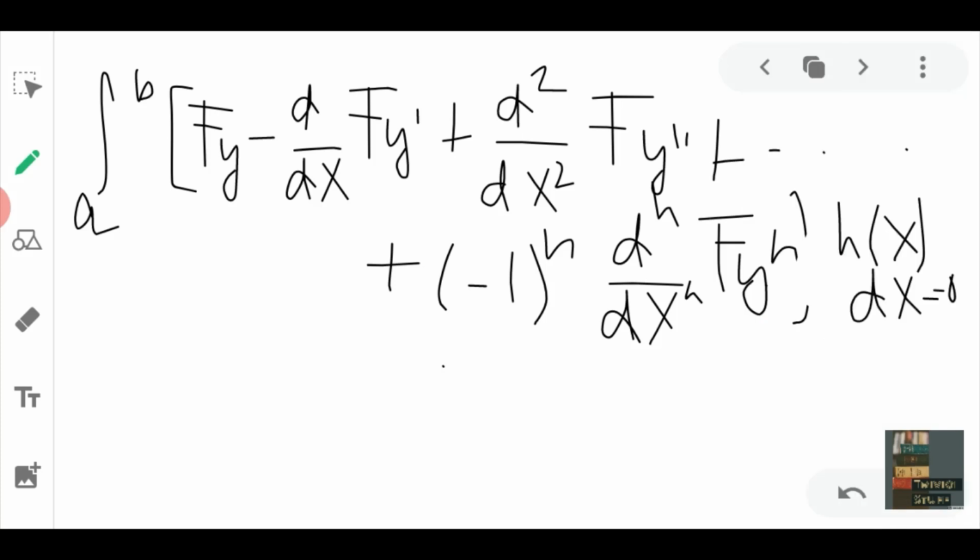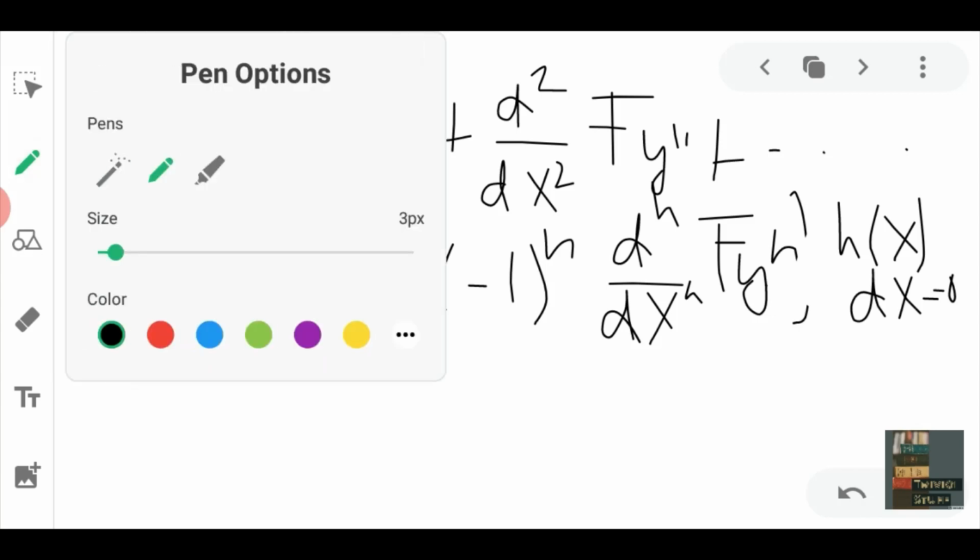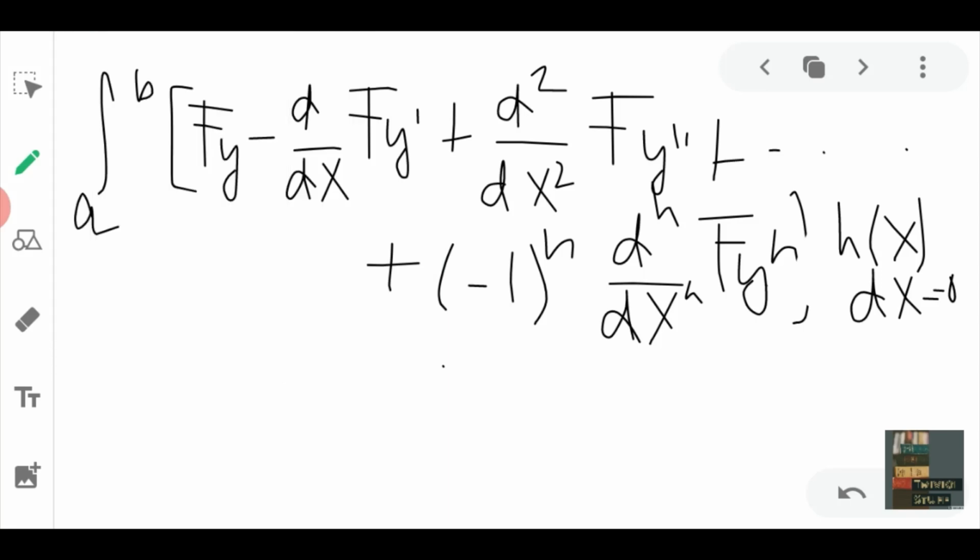You can show that, but we will not do that. It seems like we are presupposing the existence of F sub y double prime and F sub y triple prime and so on. We are supposing these exist, but this is not necessarily true.